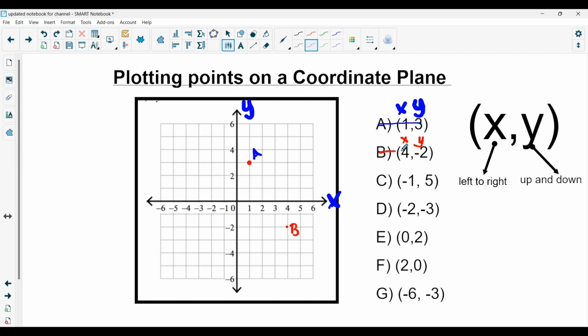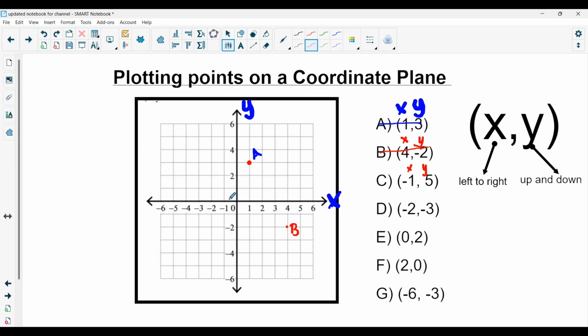And now let's go to letter C. Our X is negative 1 and our Y is positive 5. So when you're doing this, y'all might not be able to write along with me, but you can be thinking about which way is Miss Brown going to go with this number. Okay. So our X is negative 1. Remember, we always start at the origin at 0. Are we going to go to the right or to the left? It's a negative 1.